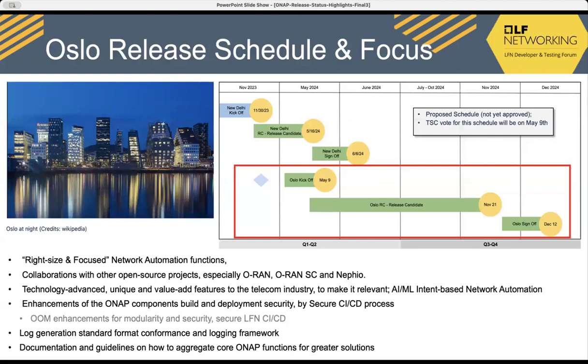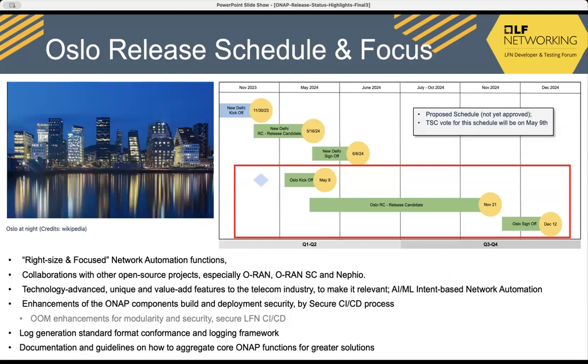And we also defined the Oslo kickoff day, which is May 9, the RC candidate on November 21st, and sign off on December 12. This is not yet approved by TSC. Next week, May 9th, we are planning to discuss this and have a TSC vote.